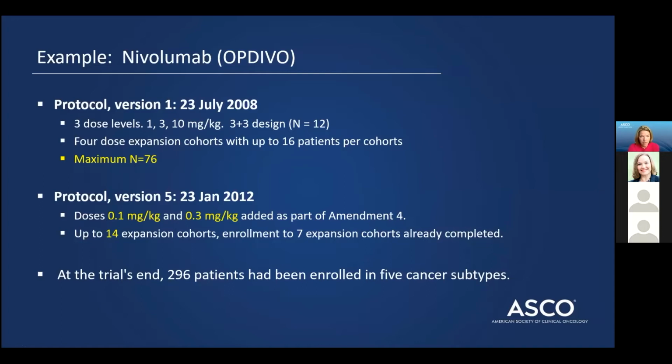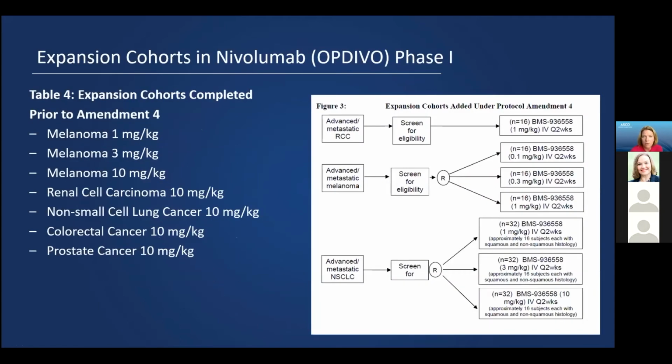They were added in Amendment 4, and up to 14 expansion cohorts were added as well. At the trial's end for nivolumab, there were 296 patients enrolled across 5 cancer subtypes. This shows from Amendment 4 to the protocol what they were adding, and these were already completed cohorts.